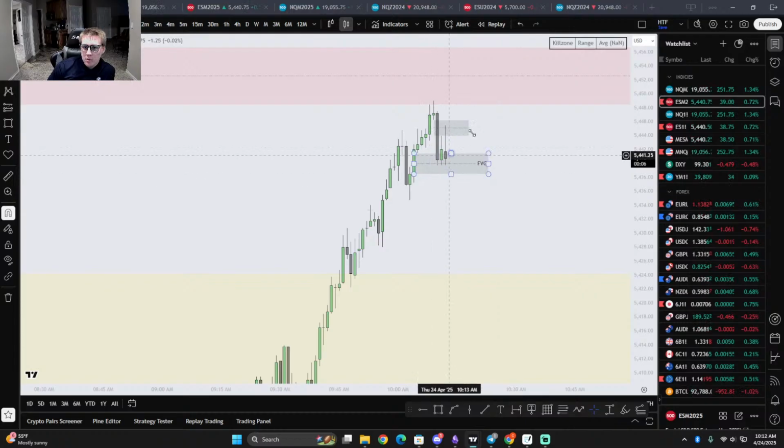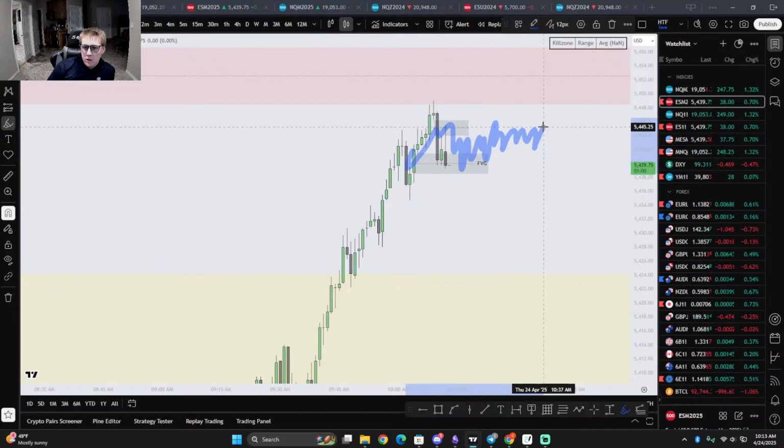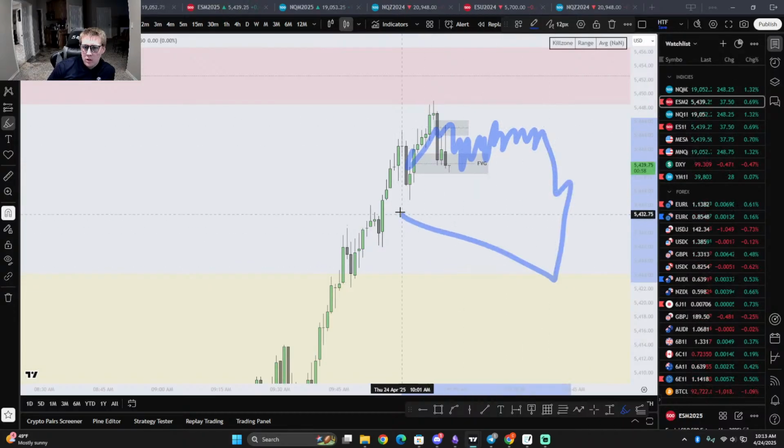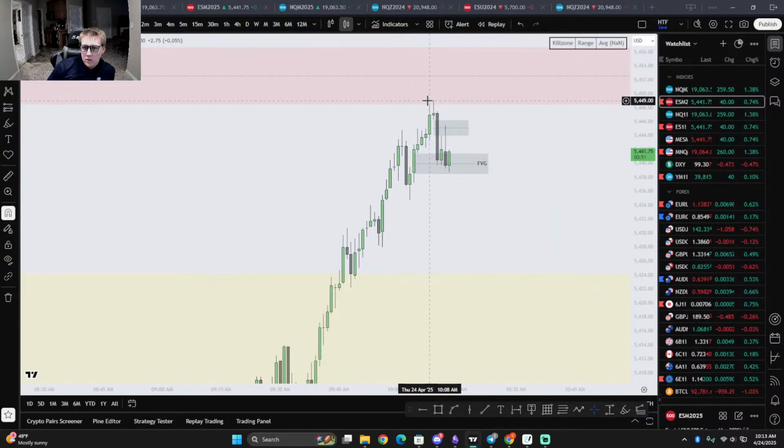Stuck within that, this can create a consolidation. We could consolidate in between these. We could trade lower in this discount inefficiency, or we could seek this short-term high that was formed here.